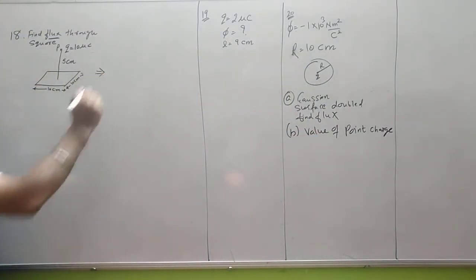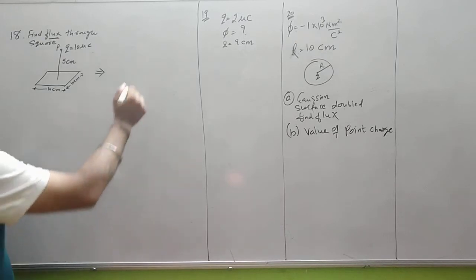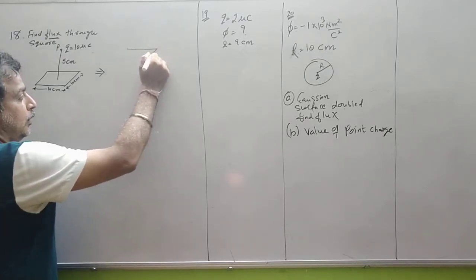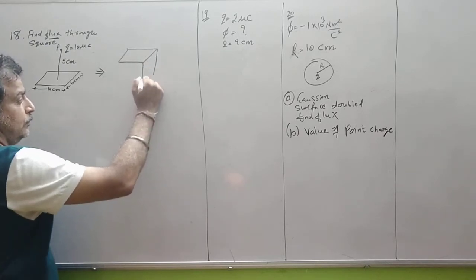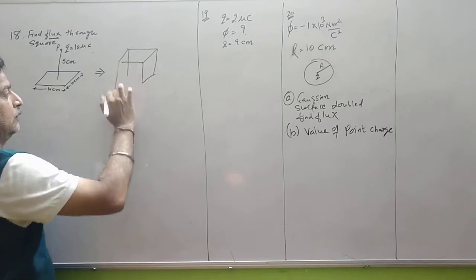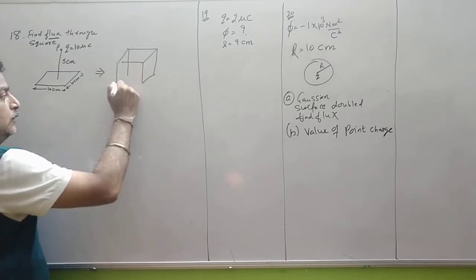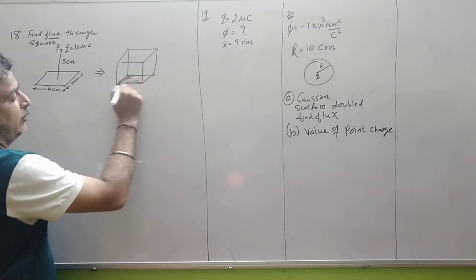Only if I consider this square as one side of the cube, and when I imagine a cube, now let us say this is a cube. Now this is our square which is given to us.